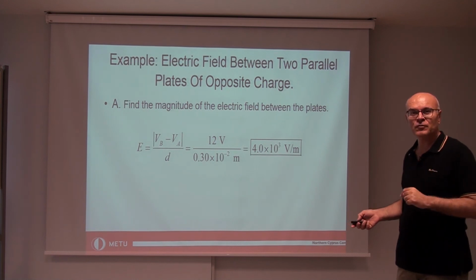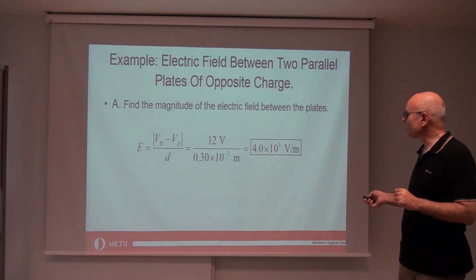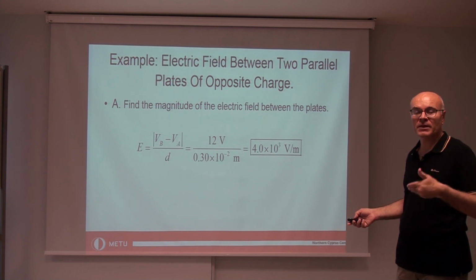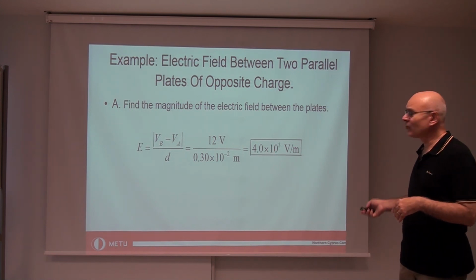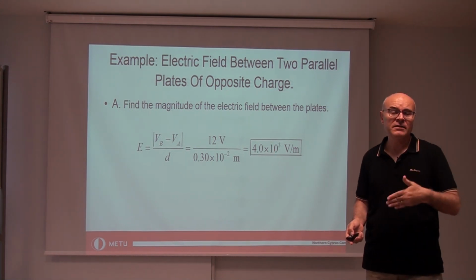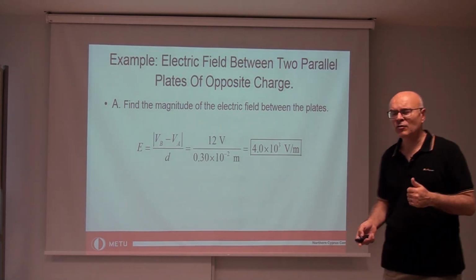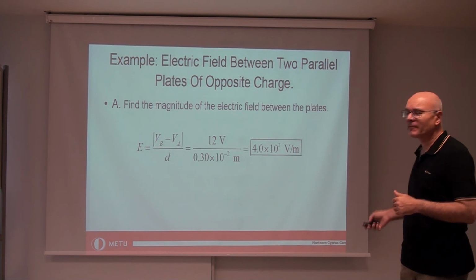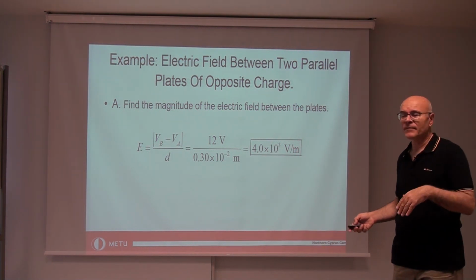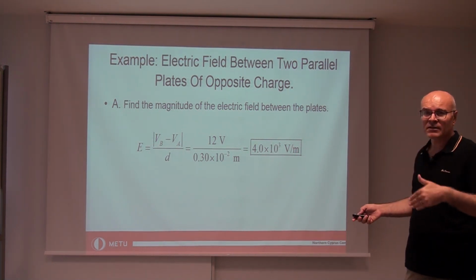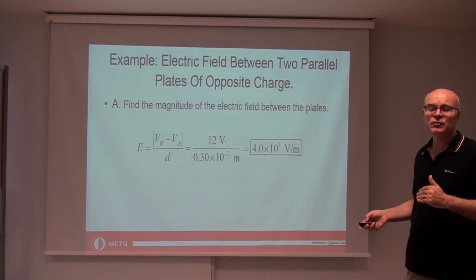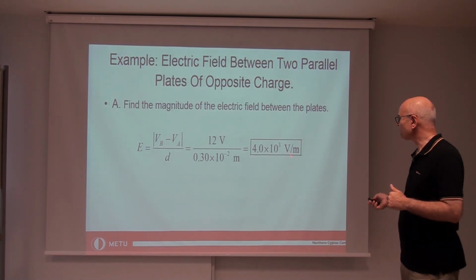Just try a simple exercise: express what a volt is, it's joule per coulomb, and you can show that the whole thing will boil down to newtons per coulomb.